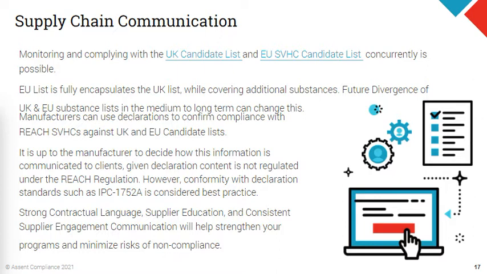So in this instance, the ECHA list may be updated, add 2 substances, but as long as that entire list encompasses the UK list, you should be in a position to declare against both if your customers come asking. So it's important to structure your programs to always follow industry best practice and collect the most restrictive version of these regulations. So then you can pull the data out and extrapolate that as best as possible.